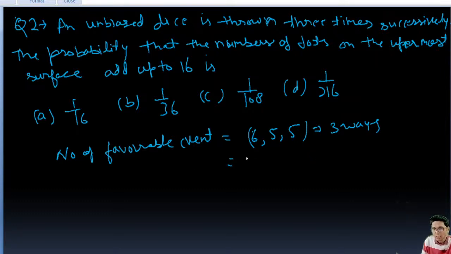The other possibility is 6, 6 and 4. This can also come in 3 ways. So the total number of favorable events is going to be 6. And now we'll find the total number of events.